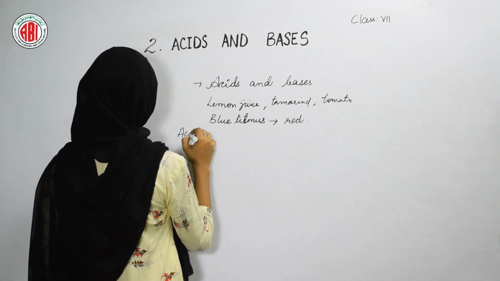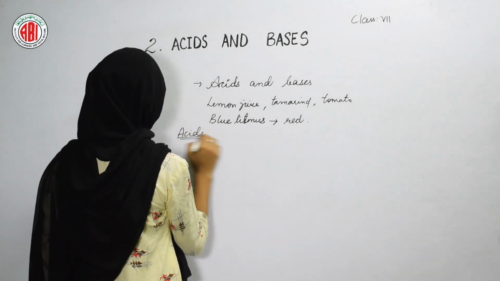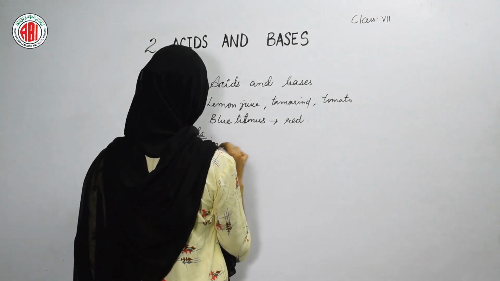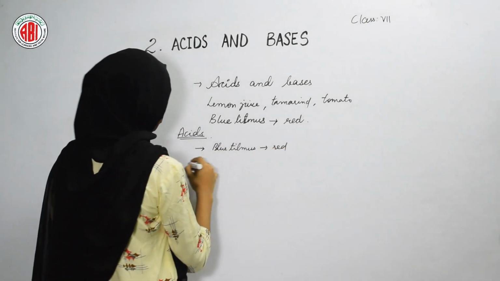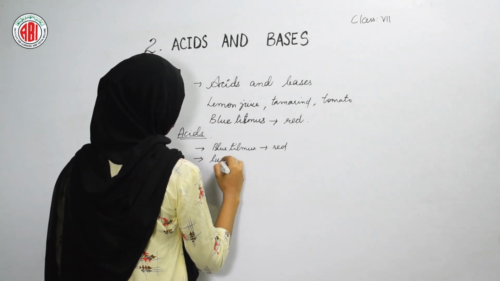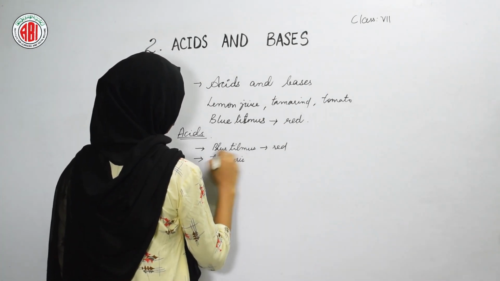Let us see the characteristic features of acids. Acids are the substances that change blue litmus to red, and they do not show any effect when we add a natural indicator like turmeric paste.